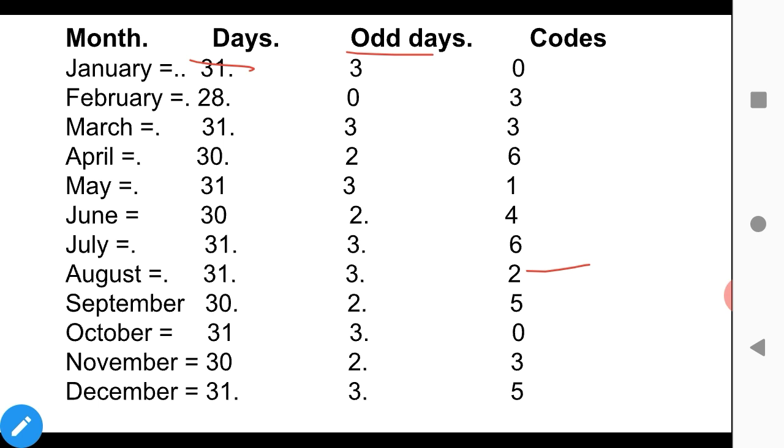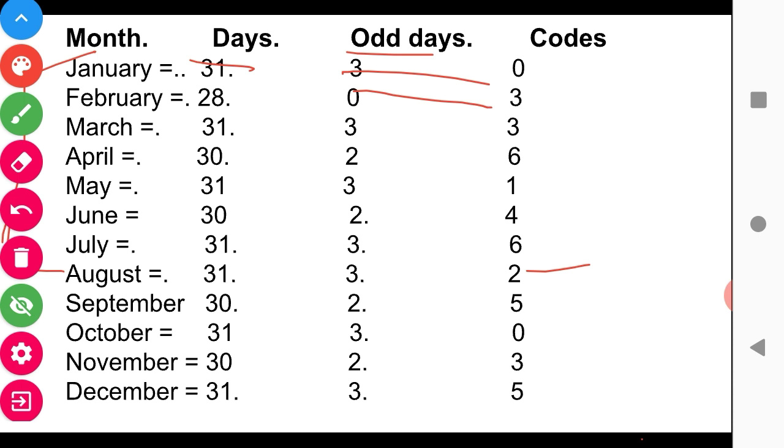That means for August, we have to add the days from January to July. For January there is no previous month, so the total number of odd days is 0. For February we have to add the odd days of January, so the total number of odd days is 3. In this way, these codes come just by adding the previous months' odd days.